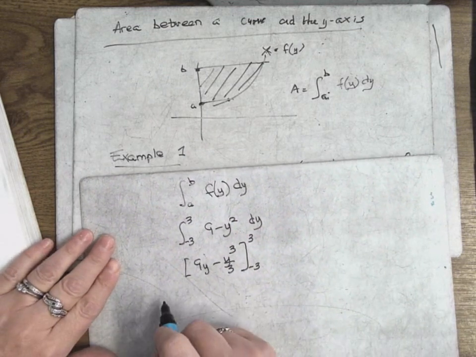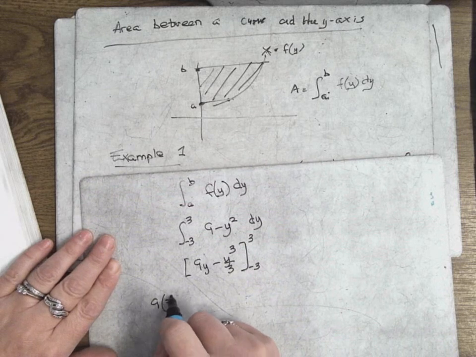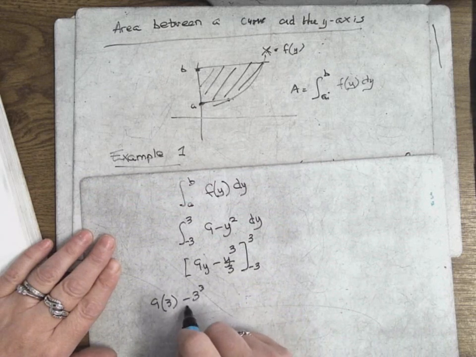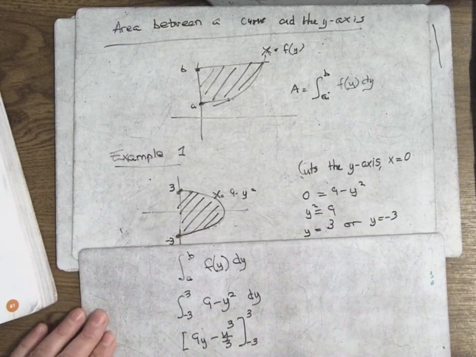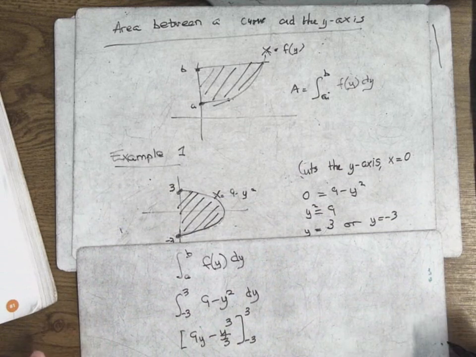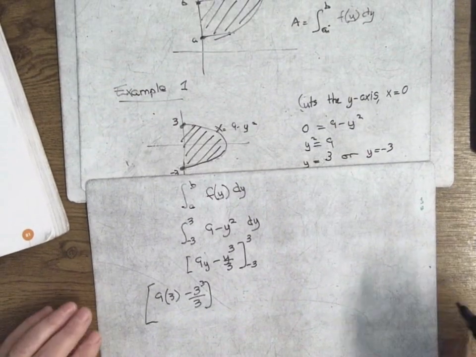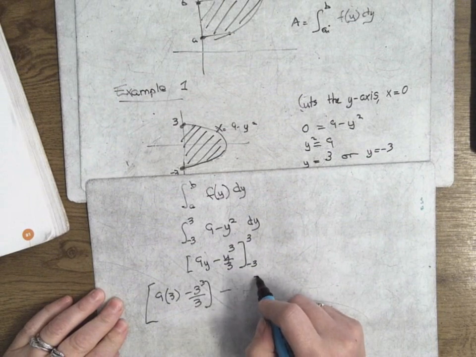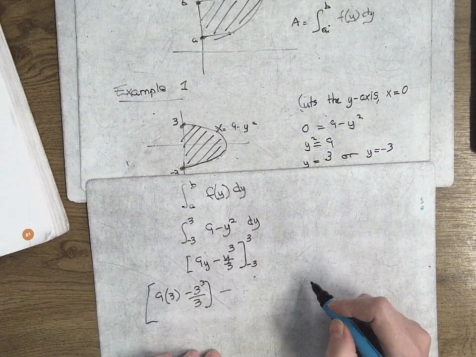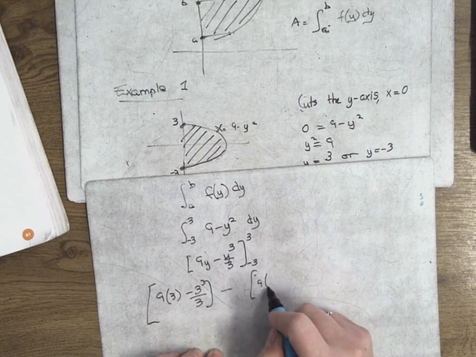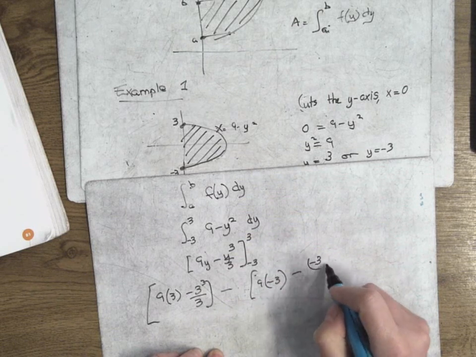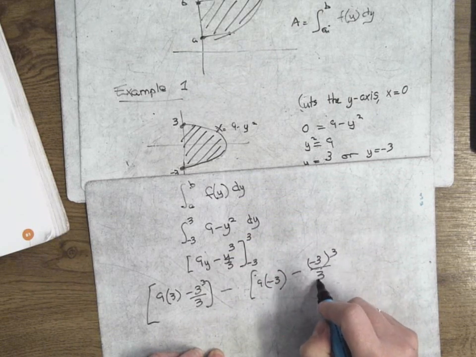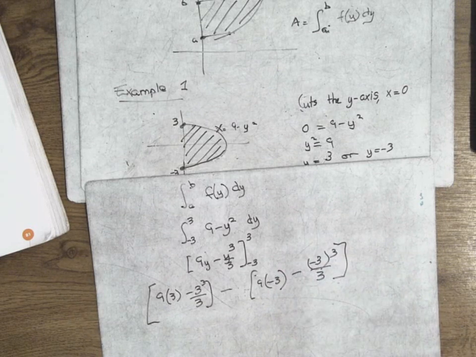So fill in: that's 9 times 3 minus 3 cubed over 3, take away 9 times minus 3 minus minus 3 cubed over 3. So that's 27 over 3, that's 9, so 27 minus 9, that's 18, I think.